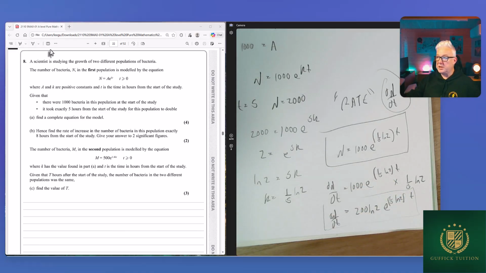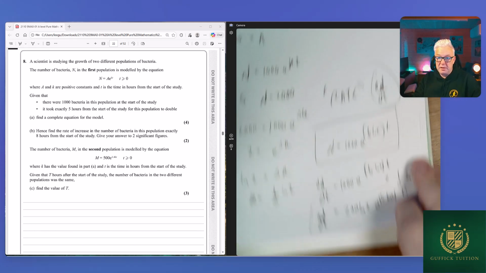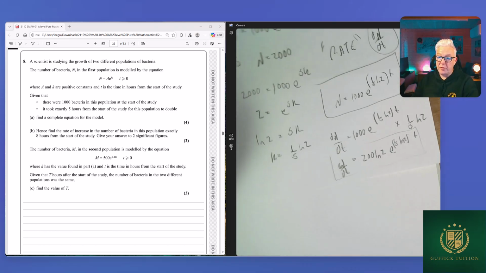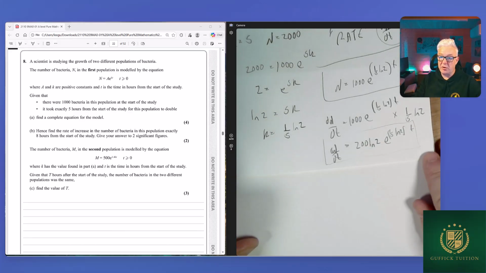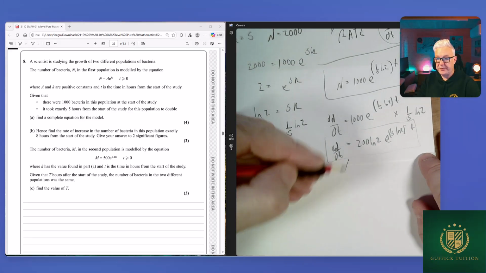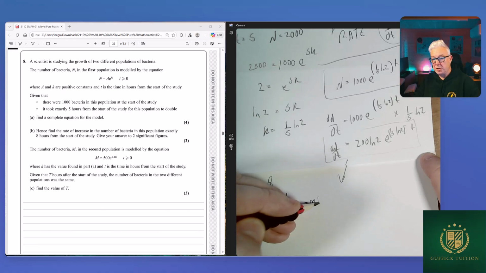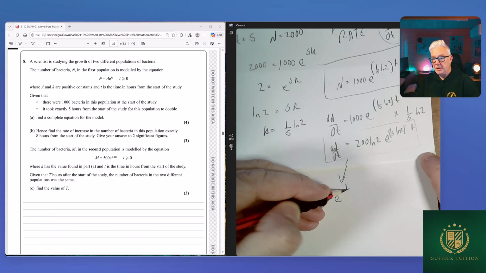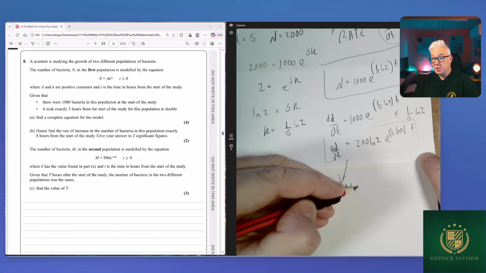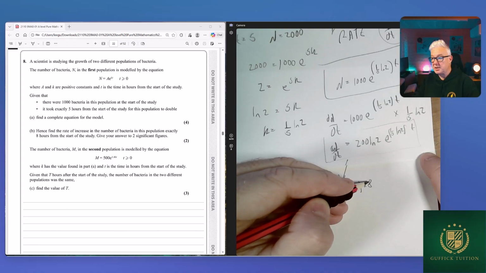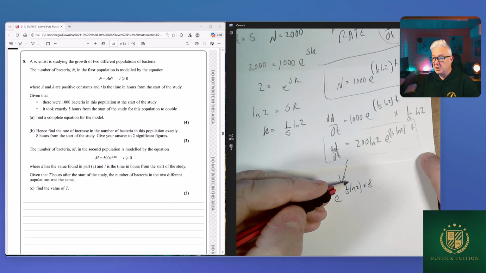So now all we need to do in order to answer this next part of the question is just sub in our t is equal to 8, in order to find out what the rate of the bacteria is increasing at 8 hours later. So therefore, when t is equal to 8, dn by dt is going to equal 200 ln 2 times e to the power of 1/5 ln 2 times 8, like so.